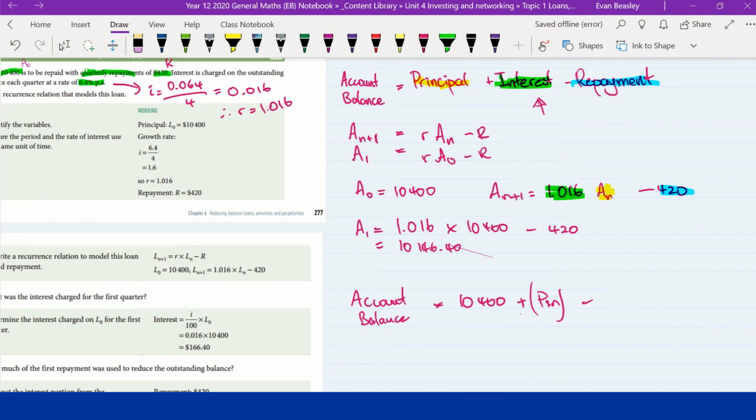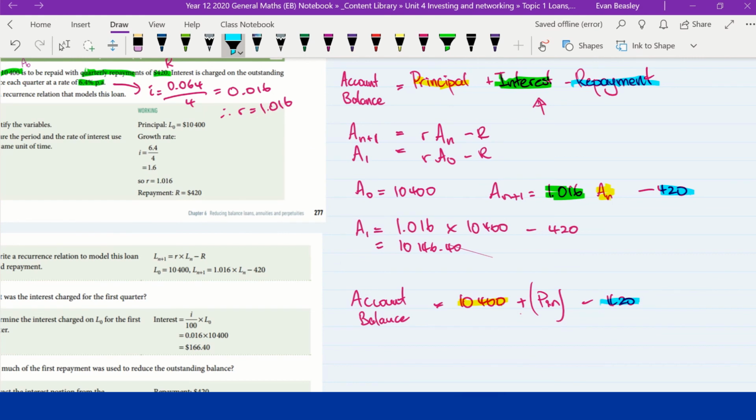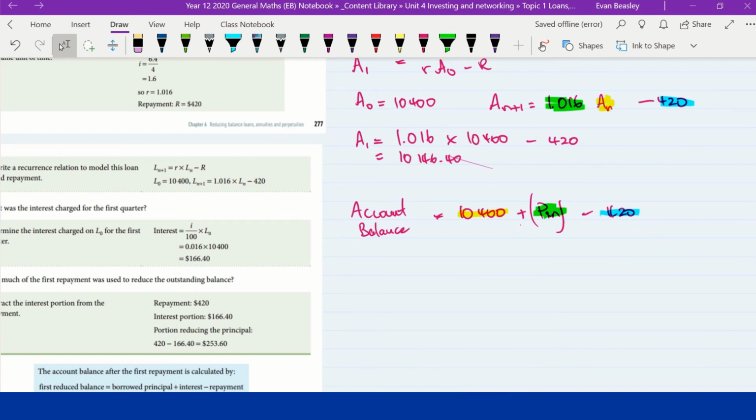Now, that repayment, I told you already, was $420. So we know the principal, and we know the repayment, so I did the repayment in blue, so let's do that. And now let's just consider this growth rate as a plus value. And we're going to see that this is going to change each month. And I'll do that with you soon.